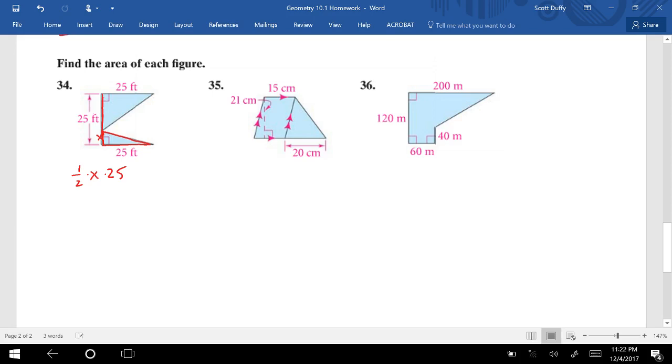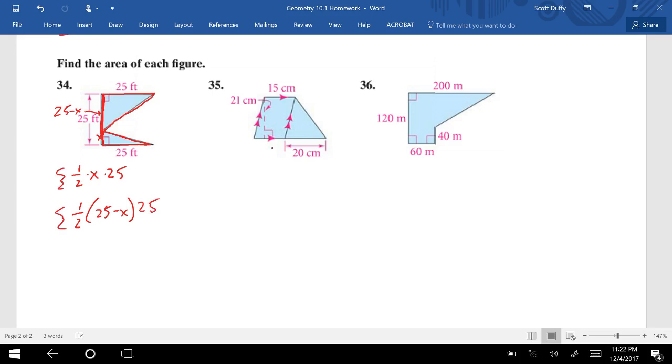So the area of this triangle would be 1/2 times base of 25 minus x times height of 25. And what we're going to do is add these two areas together.